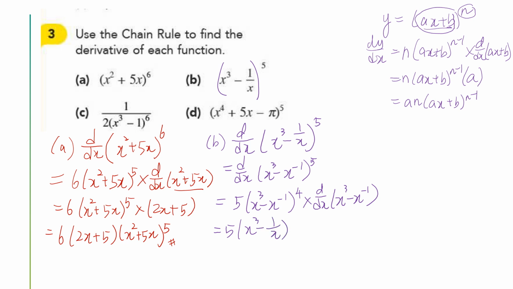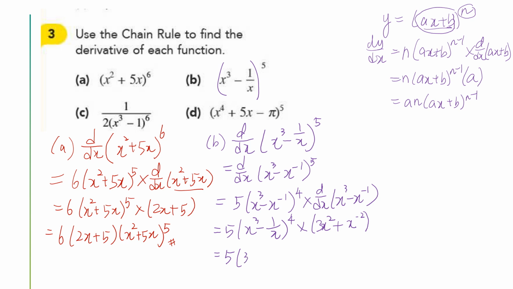We only change it to negative index when we need to apply the differentiation. Otherwise, in your final answer, you should convert all the negative indices into positive. So differentiate x cubed, we get 3x squared. Differentiate x to the power negative 1: negative 1 brought down to the front will be negative 1 times negative 1, which becomes positive 1, and then x to the power minus 2. Let's rearrange it.